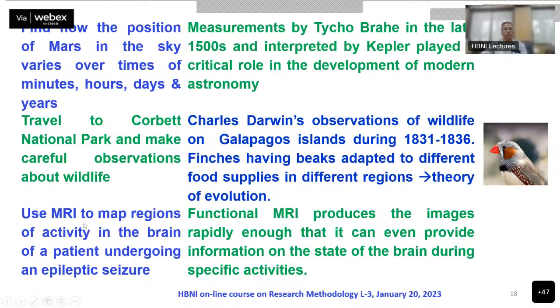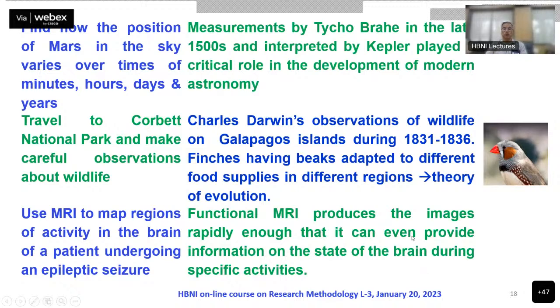Similarly, use MRI to map regions of activity in the brain of a patient undergoing an epileptic seizure. Epilepsy is a dreaded disease, and MRI can in fact tell. So functional MRI was developed. It produces images rapidly enough that it can even provide information on the state of the brain during specific activity.